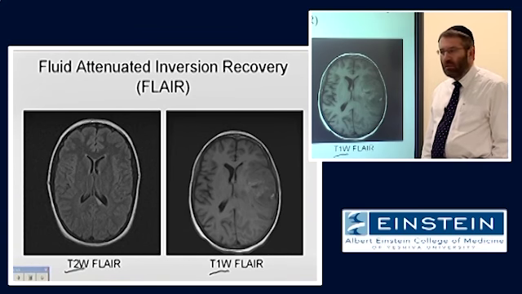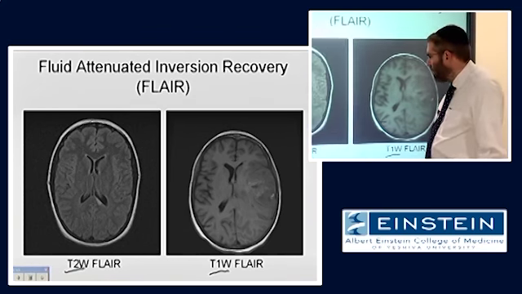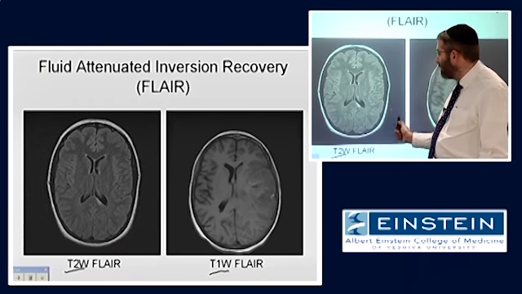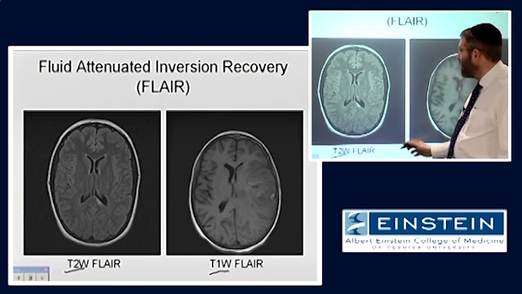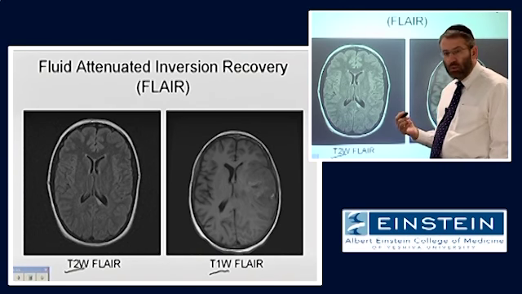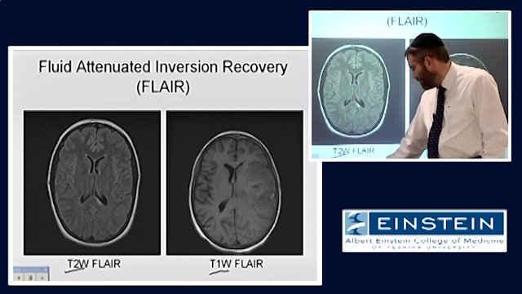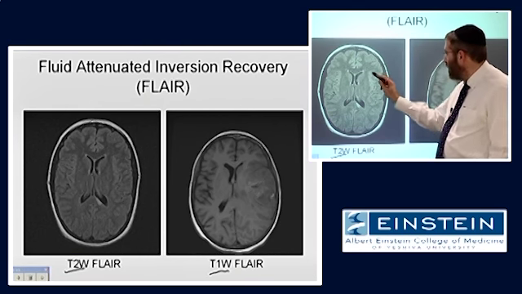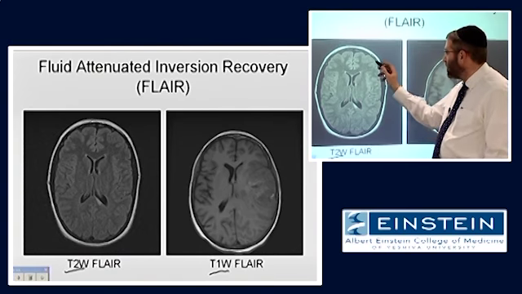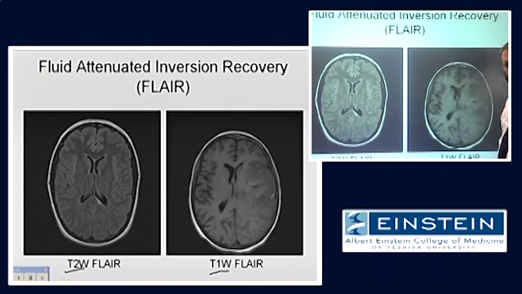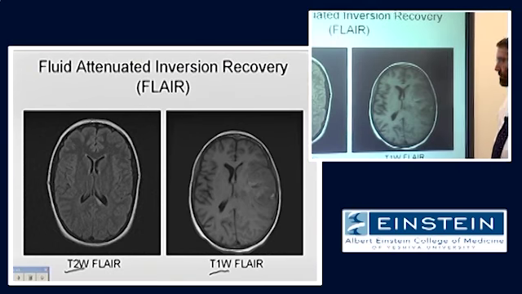No? Okay. We tend to think of, and this was its original use, of FLAIR images as images that are essentially T2 weighted. The contrast between gray and white matter is such that the white matter is darker than the gray matter, which is characteristic of differences in T2.